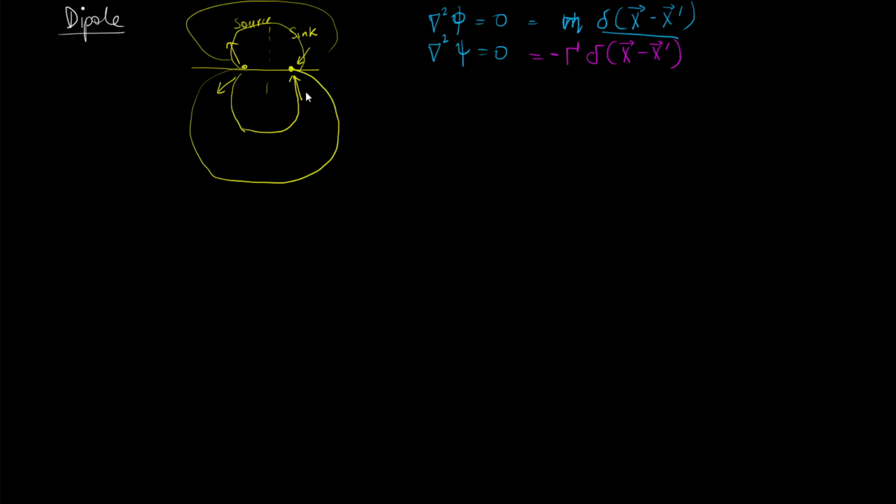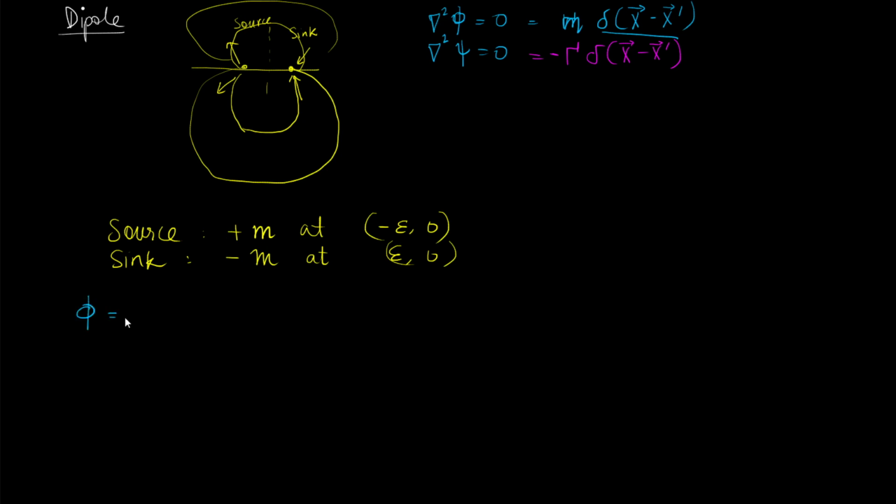and we can use this to construct this kind of a solution. So let us consider a source of strength plus m at minus epsilon comma 0 and a sink of strength minus m at epsilon comma 0. So I'm not going to go over the solution for this once again. I'm simply going to write down the solution.